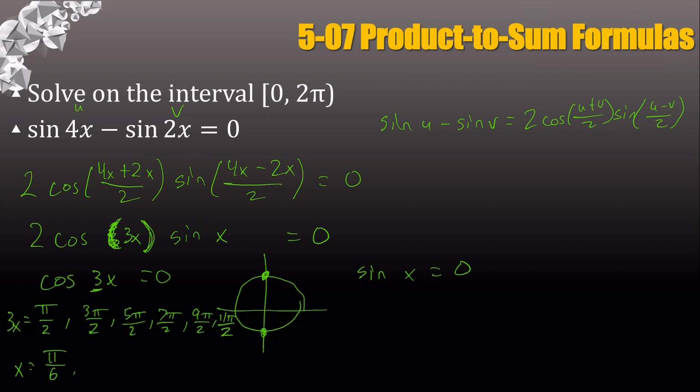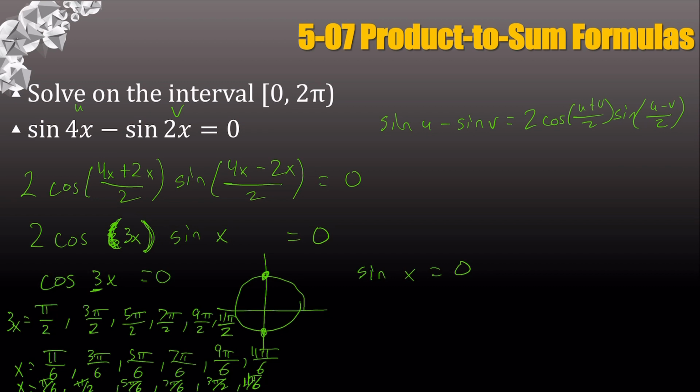So if I'm dividing by 3, let's just go with this: 3 pi over 6, 5 pi over 6, 7 pi over 6, 9 pi over 6, 11 pi over 6. Some of those reduce, though. So 3 pi over 6 becomes pi over 2. 5 pi over 6. 7 pi over 6. 9 pi over 6 becomes 3 pi over 2. 11 pi over 6.